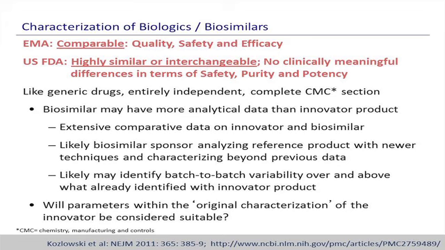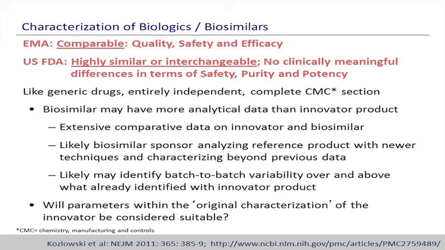So what's more important is this reverse engineering leads to a huge chemistry, manufacturing, and control section because the biosimilar has been engineered to match the reference product. And that's where all the data is. So then you look at the characterization, and you might think that the parameters of the biosimilar will match the reference product.